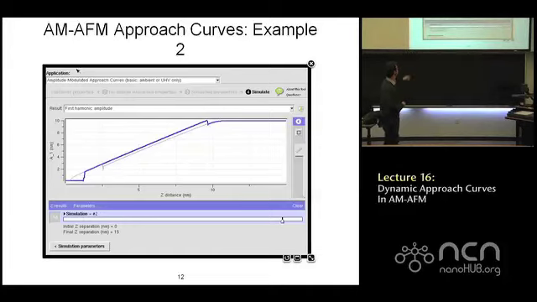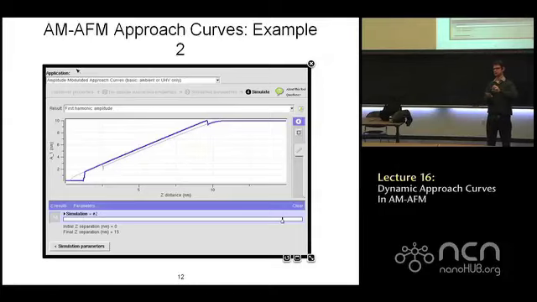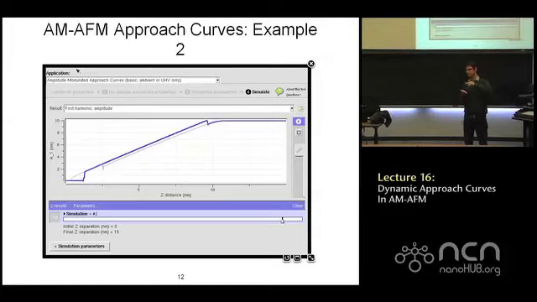Then on retraction, it stays stuck on the sample until some point where it pops off. So that's a snap-in phenomenon that you've seen in the quasi-static approach curves or the force distance curves. It's the same phenomenon, except the amplitude is reducing. It's a little bit more complicated now because the tip is vibrating around a little bit, but basically this is the same phenomenon.